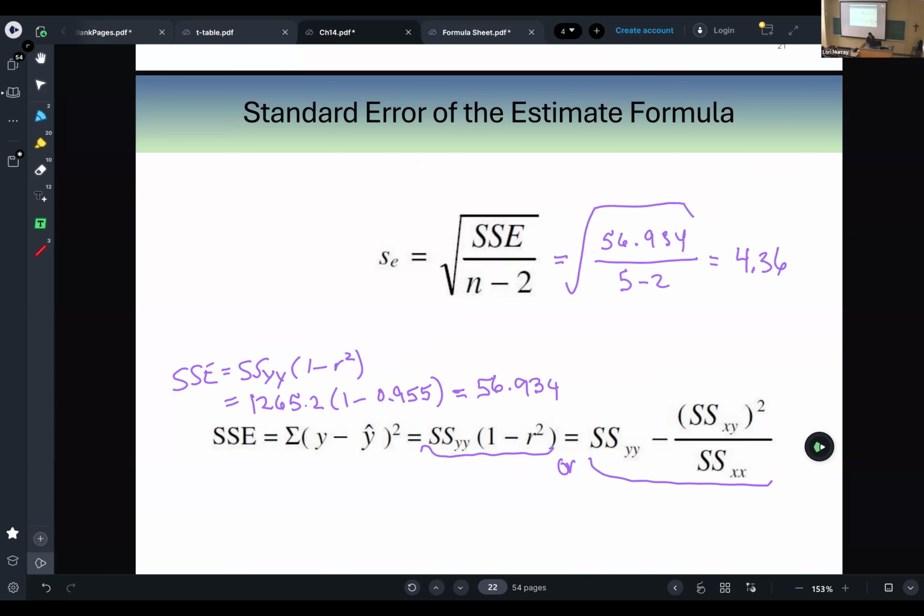And so what that means is you can say 0 plus or minus 2 times 4.36 will have 95% of the data. The errors will be within that.